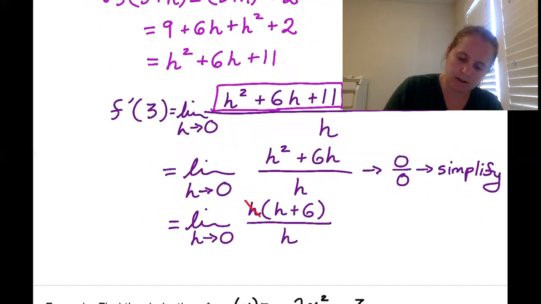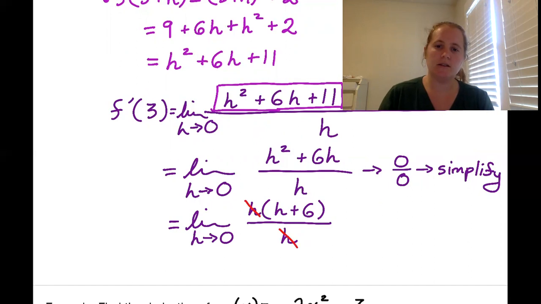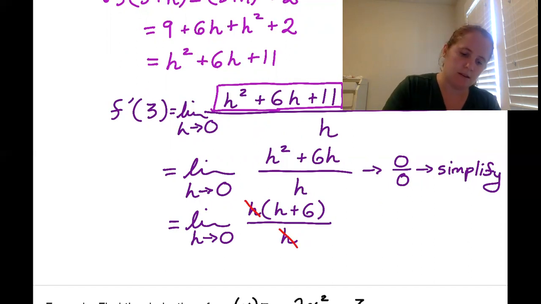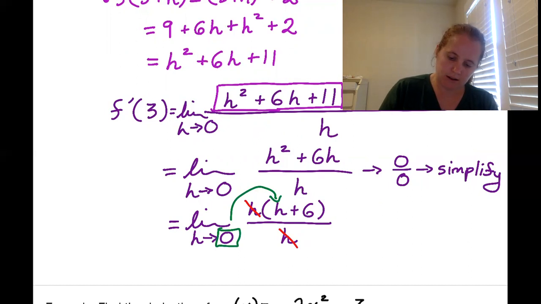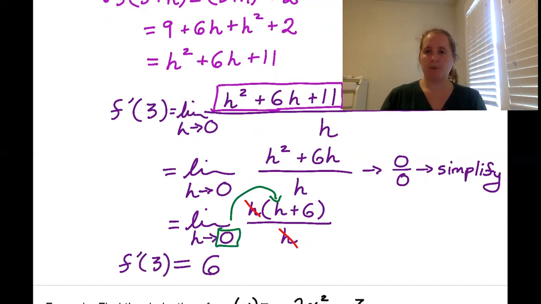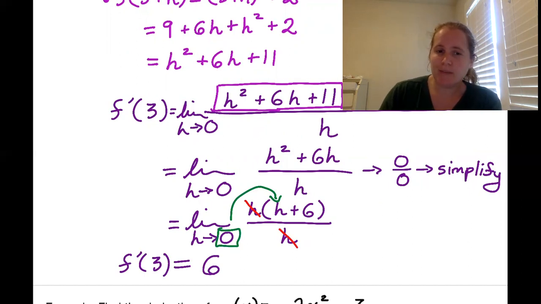And we can cancel the h we factored out with the h in the denominator. And then just plug in h equaling 0 to get a final answer of 6. So we got that f prime of 3 is equal to 6, or the derivative of x squared plus 2 at x equals 3 is 6.